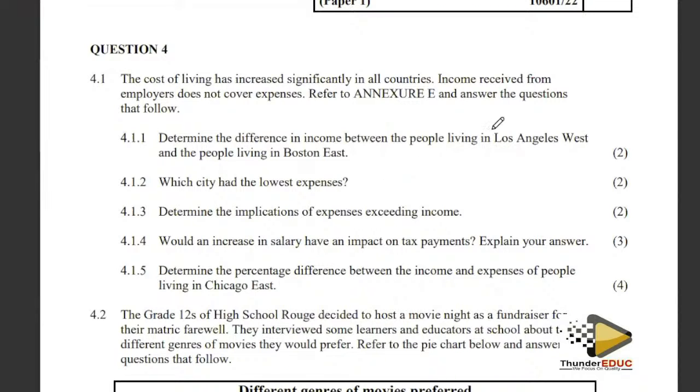Refer to Annexure E and answer the questions that follow. Determine the difference in income between the people living in Los Angeles West and people living in Boston East. They're saying determine the difference. So the moment you hear difference, what you're going to do is you come up with the subtraction method.